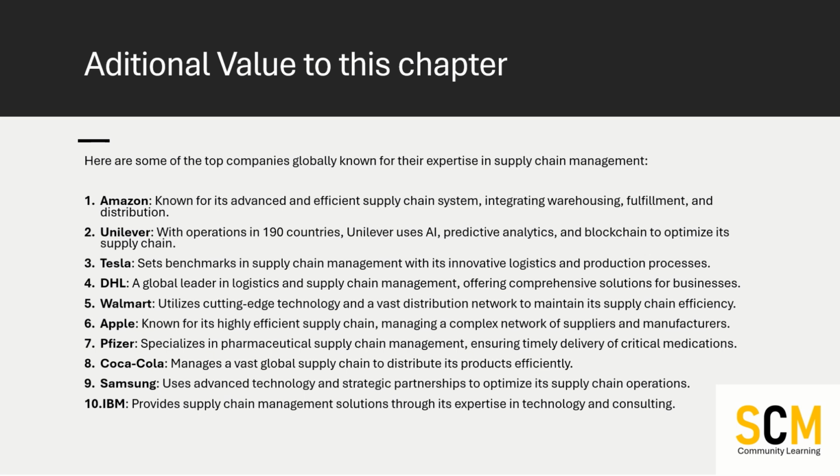Tesla sets benchmarks in supply chain management with its innovative logistics and production process. DHL is a global leader in logistics and supply chain management. DHL was almost the first company around the world to try to implement supply chain management.